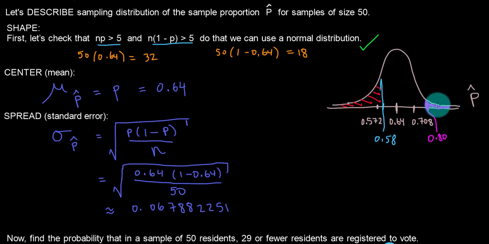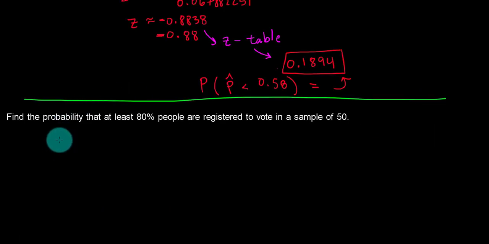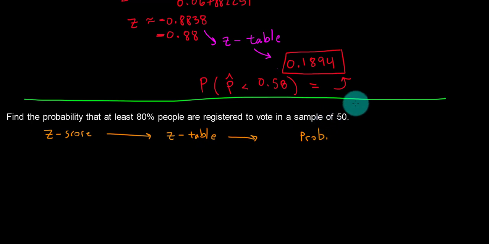So we would want this shaded region to the right. Keep that in mind. So let's do the z-score. Then we go to the z-table, and then we get our probability. Because this was an area to the right, we were told at least. When we go to the z-table to get our probability, remember we're going to have to do a 1 minus. Let's do it.